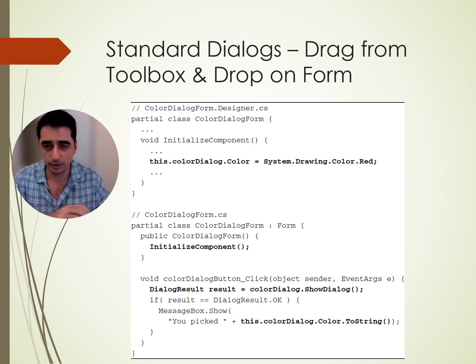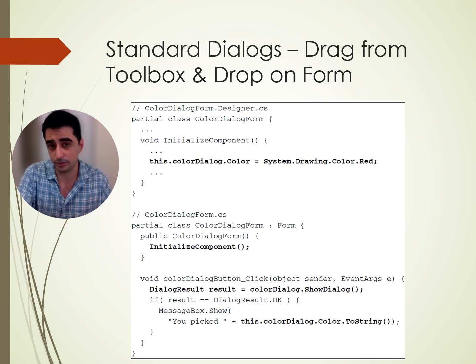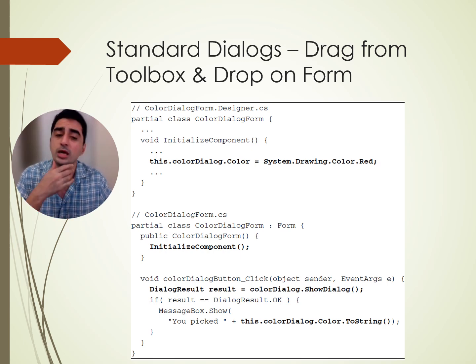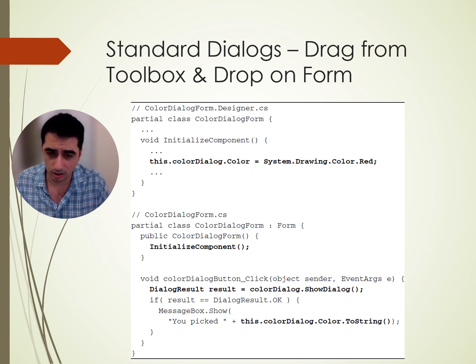After you drop a standard dialog, let's say the color dialog from the toolbox, and place it in your form, you will have access to it. All you need to do is call ShowDialog on it.